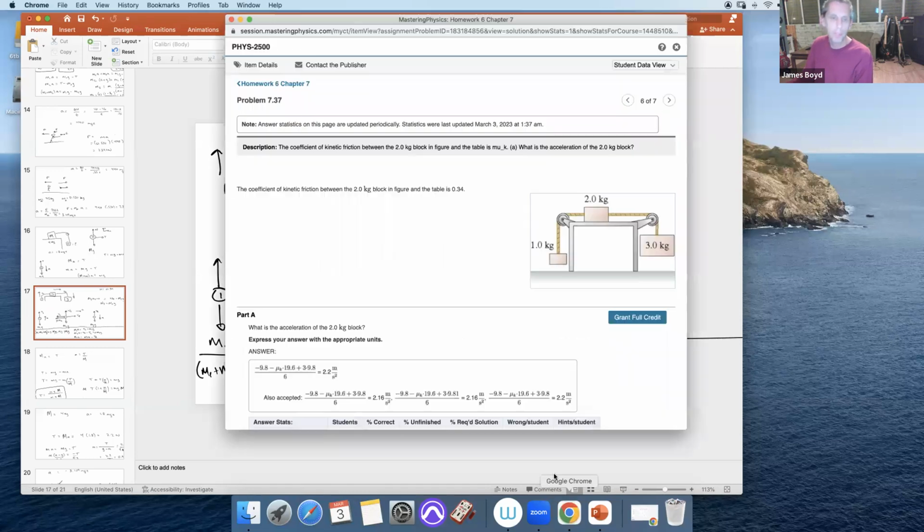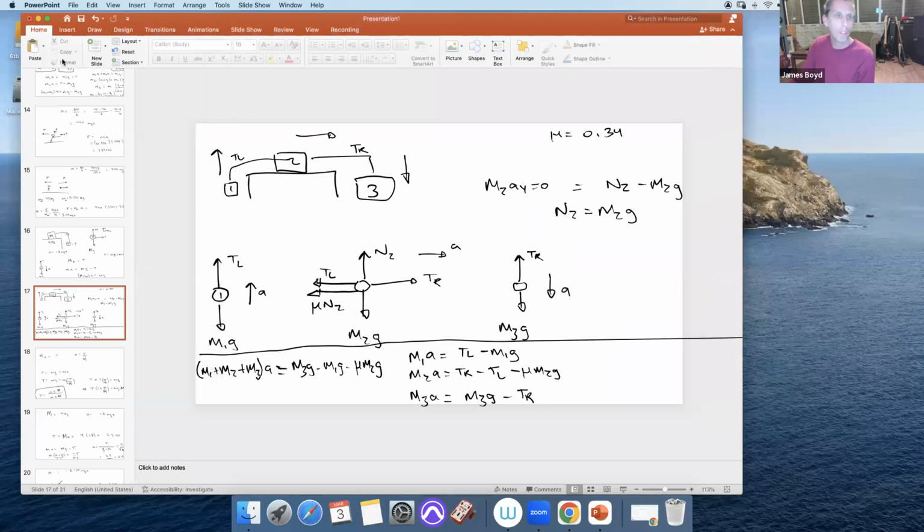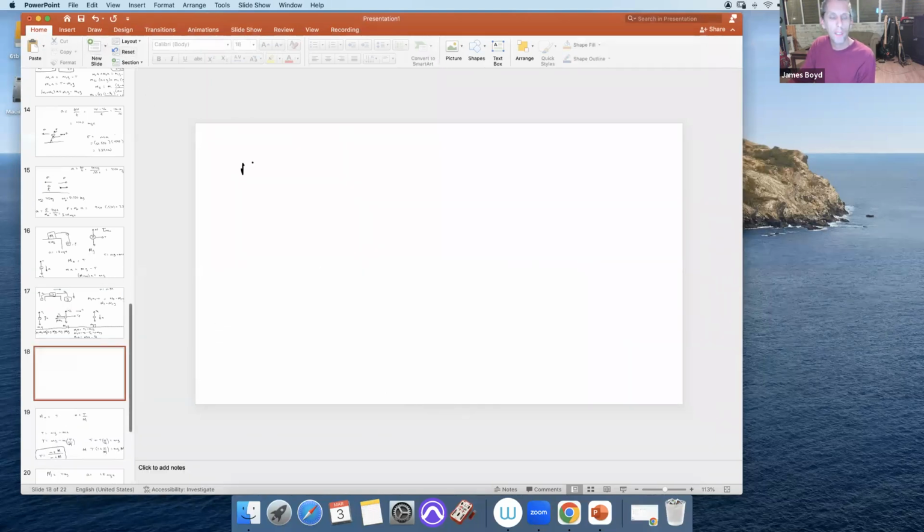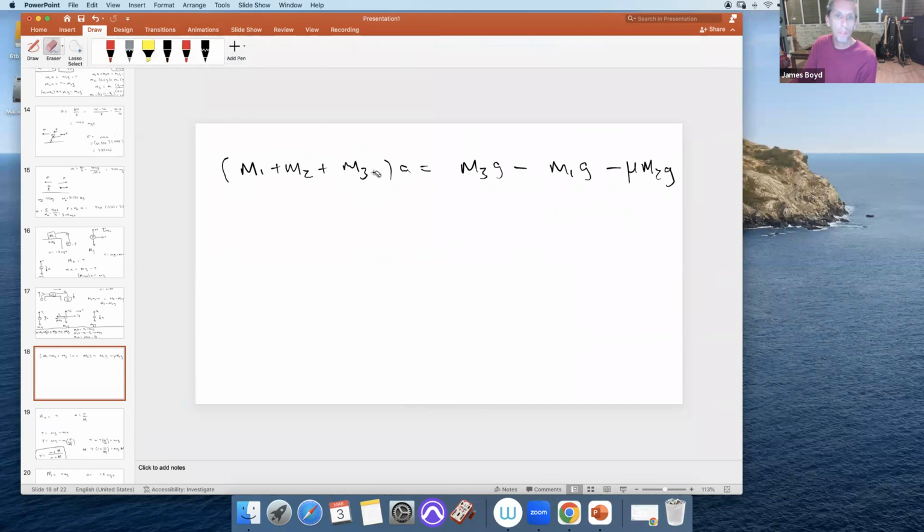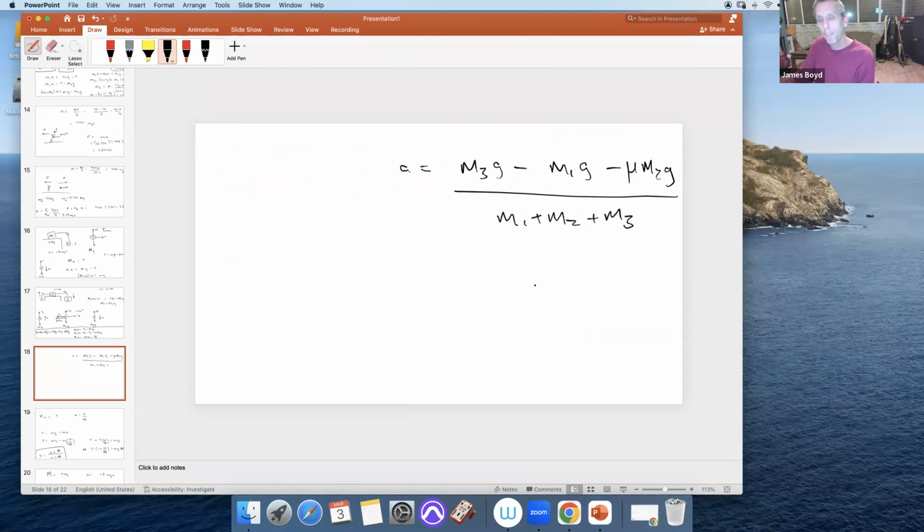Now that I have that, what is the acceleration of the 2 kilogram block? Well, it's the same for all of them. So it ended up being M1 plus M2 plus M3 times A was M3G minus M1G minus mu M2G. Now, if I move this over, they all have the same acceleration. This is M1 plus M2 plus M3. And remember, 1, 2, and 3 had 1 kilogram, 2 kilograms, 3 kilograms, and mu was 0.34.